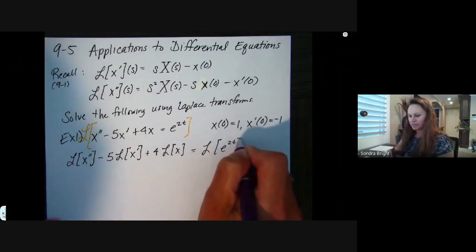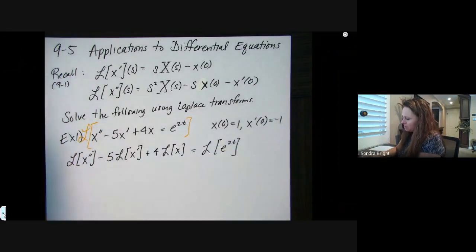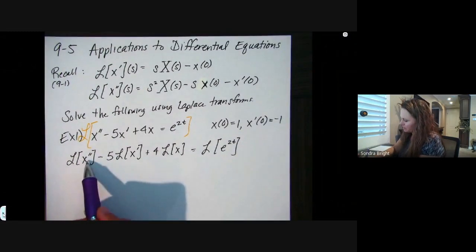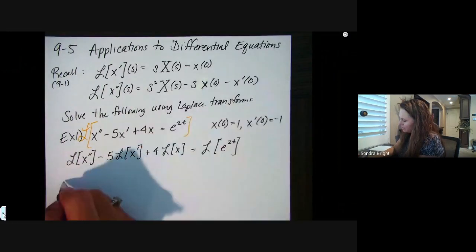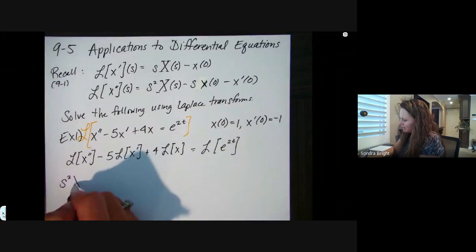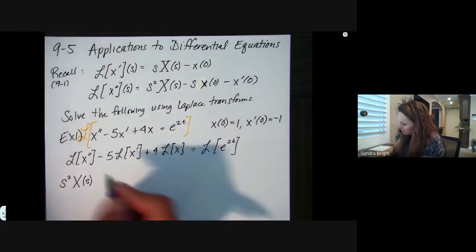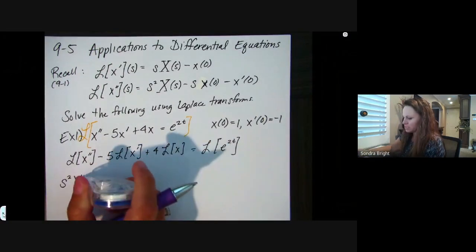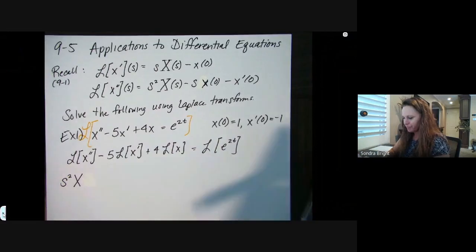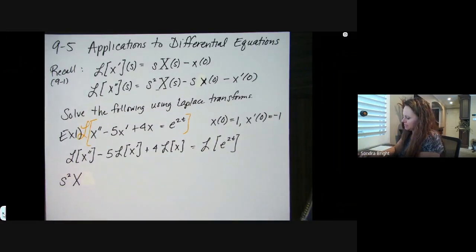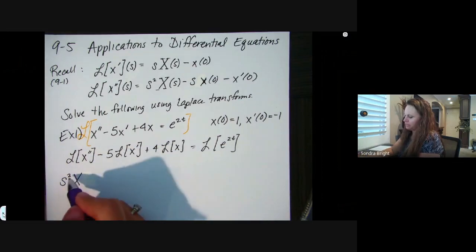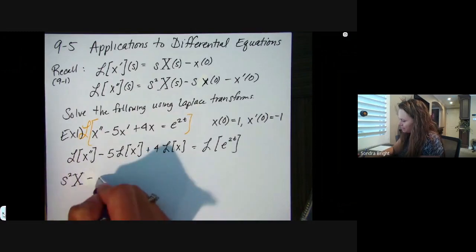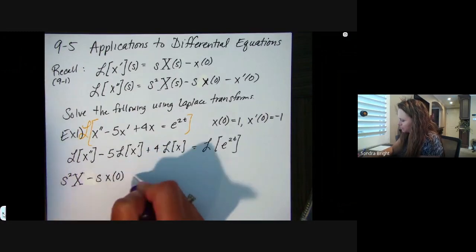Not that you have to show that whole step, but let's start with the Laplace transform of the second derivative of x. That'll be s squared times capital X, minus s times x of 0, minus x prime of 0.